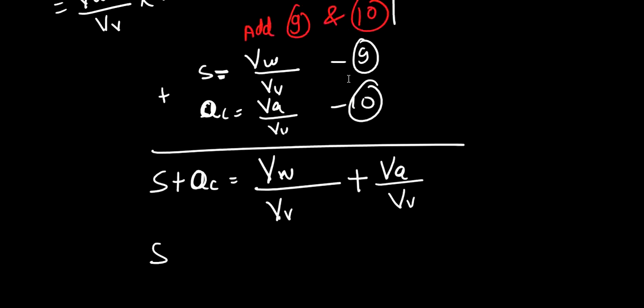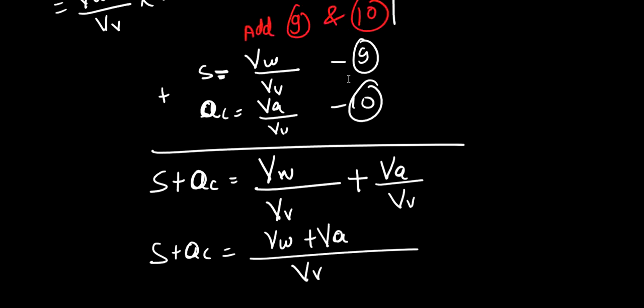Now let me take the LCM over here. So this will become volume of void, and this will become volume of water plus volume of air. Now this particular thing, volume of water plus volume of air, is nothing but volume of void only.